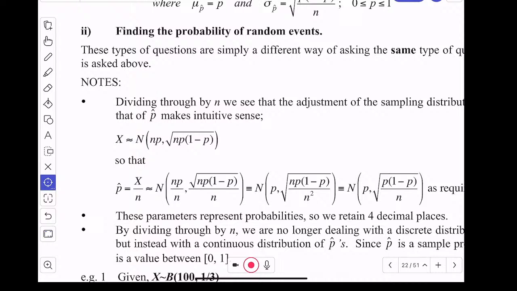And remember, anything that I do to the random variable, I can also do to the standard deviation, in this case it's just dividing by n. So I'm dividing through by n for the mean, and I'm dividing through by n for the standard deviation.